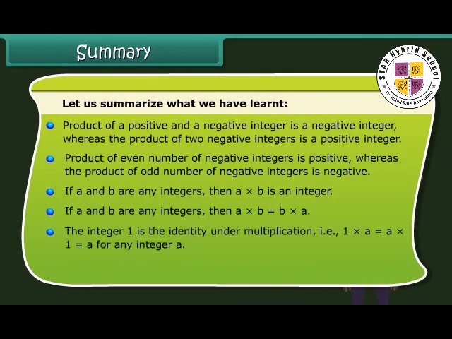The integer 1 is the identity under multiplication, that is, 1 into a is equal to a into 1 for any integer a. If a, b and c are any integers, then (a into b) into c is equal to a into (b into c).